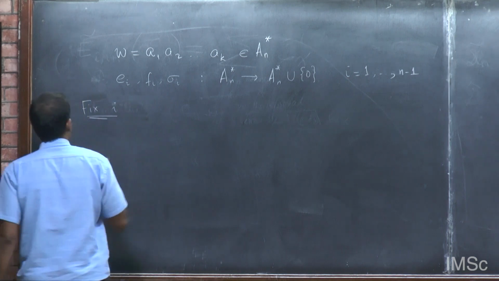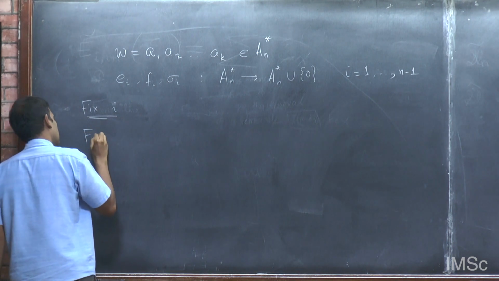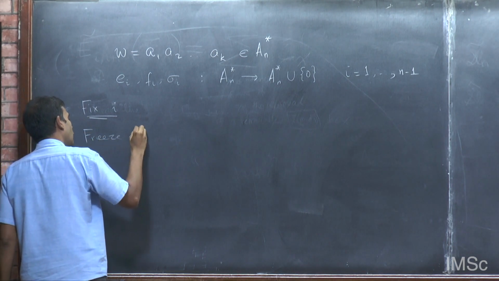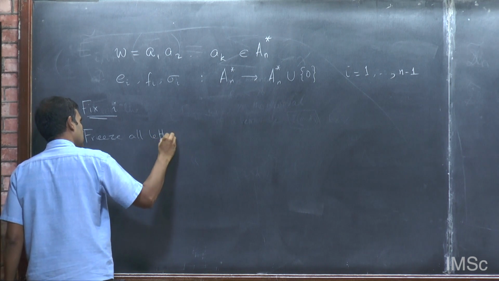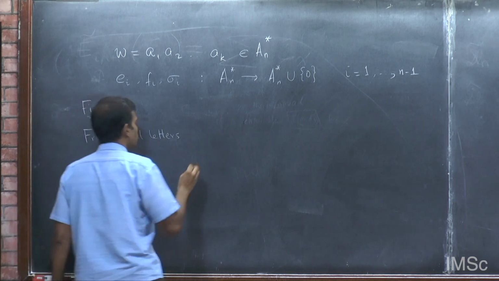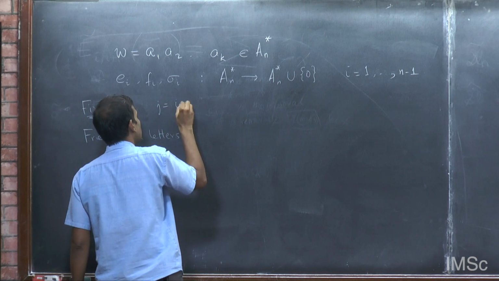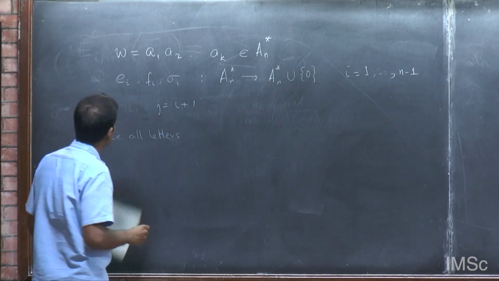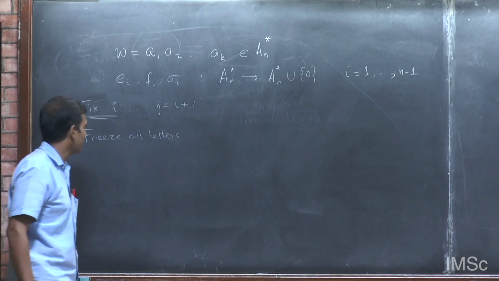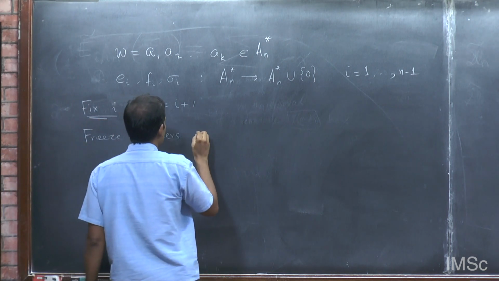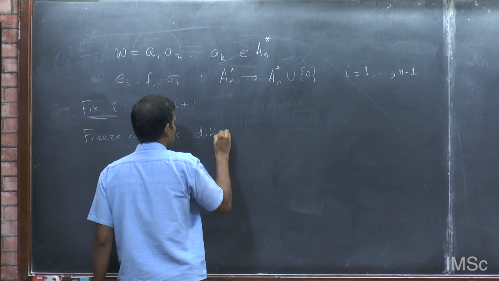So, fix i. Now, freeze all letters not equal to, let us say j for convenience, instead of writing i plus 1 all the time, I will use the letter j to denote i plus 1. So, freeze all letters different from i and i plus 1.